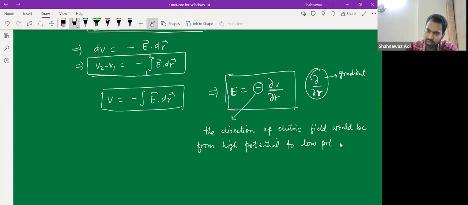What do I mean by that? Let's say I have 2 points, point A and point B. Here the potential is 15 volt, and here the potential is 25 volt. What would be the direction of the electric field, right to left or left to right?